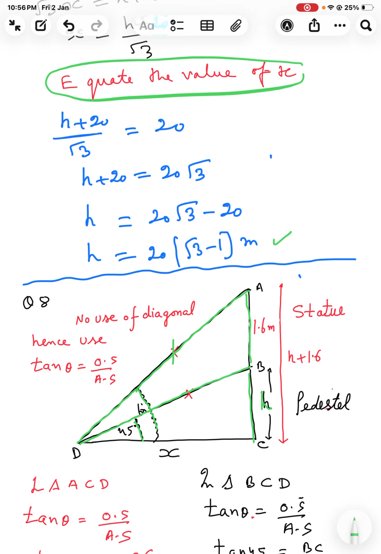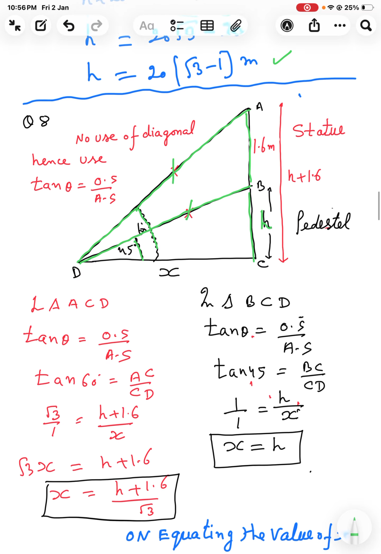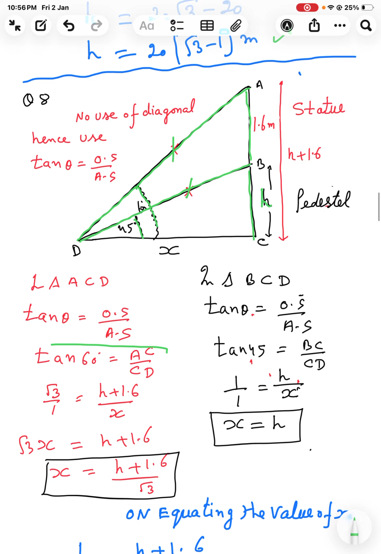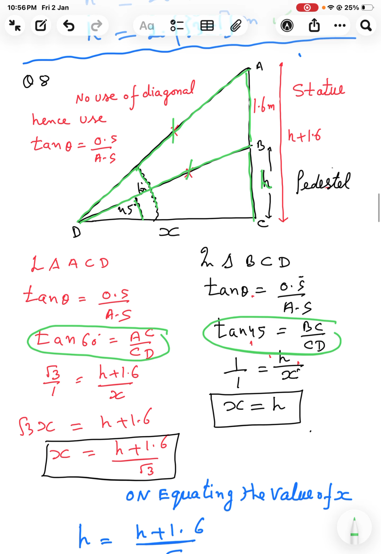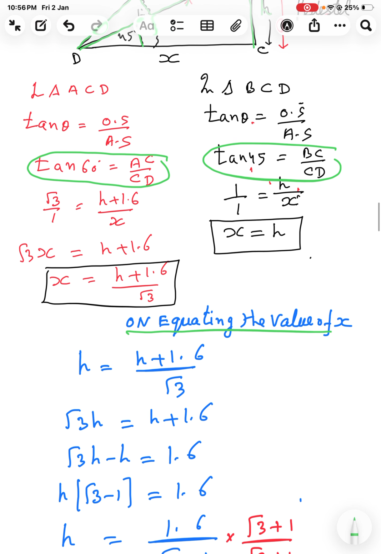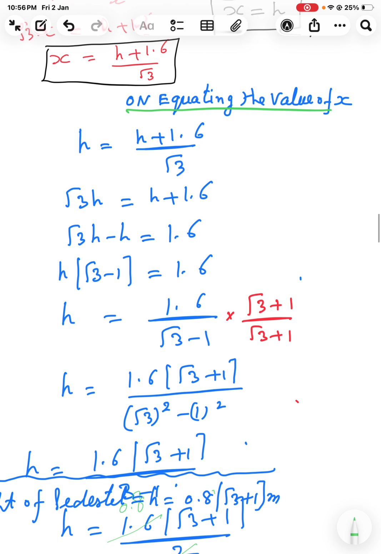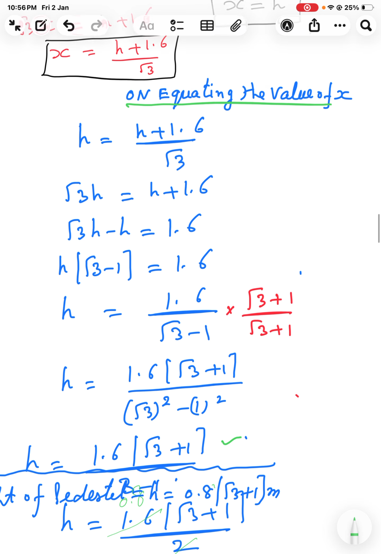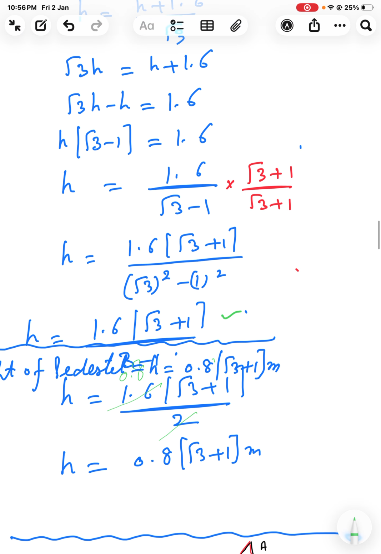Again, no use of diagonals, apply tan theta in both triangles. Then on equating the value of x, we shall get h equals 1.6 times root 3 minus 1, that is, on simplification, h equals 0.8.